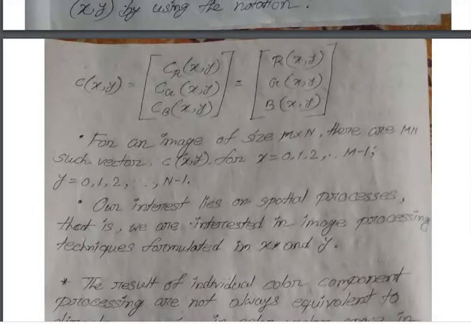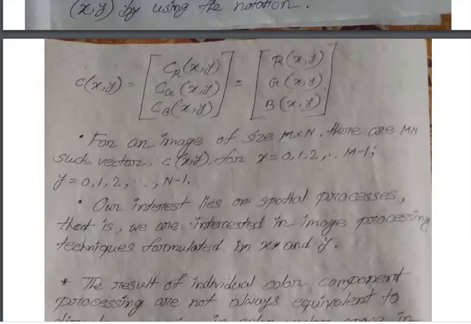For an image of size m cross n, there are mn such vectors C of xy, where x equals 0 to m minus 1 and y equals 0 to n minus 1.